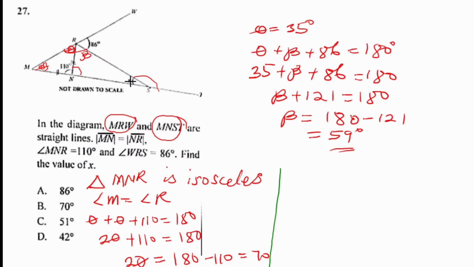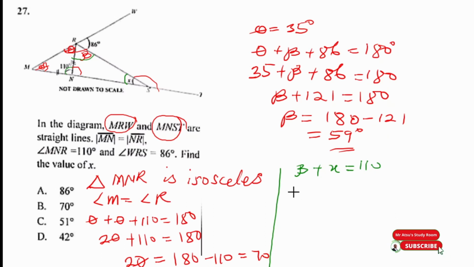For example, taking triangle NRS, this angle here plus this angle here, beta, will be equal to the third one that we didn't take, the angle that is exterior outside that angle, or the angle that is on a straight line with that angle. So that means beta plus x will be equal to 110 degrees.